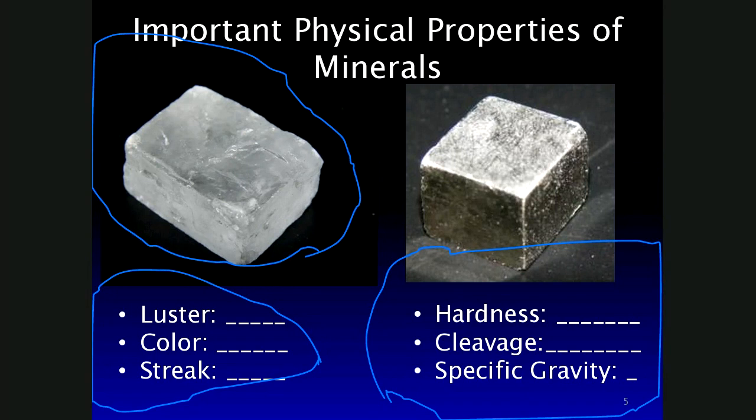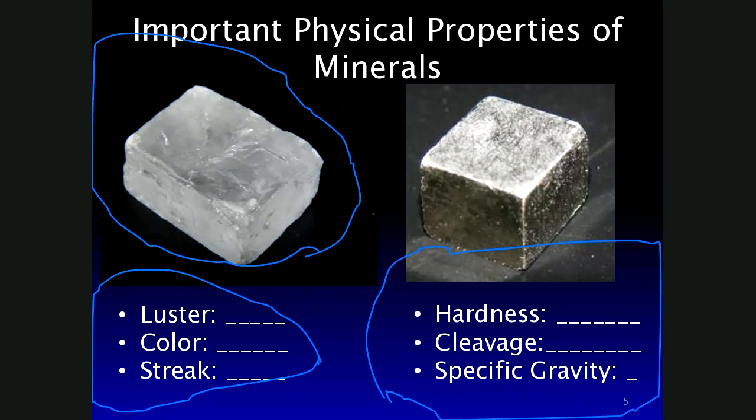How about the streak? Streak is the color of a mineral's powder. Like for example, the one to the left is almost colorless. Guess what its powder's color is going to be? It's going to be white, and it's not going to be colorless powder. And guess what the color of this mineral is going to be? It's going to be dark gray.